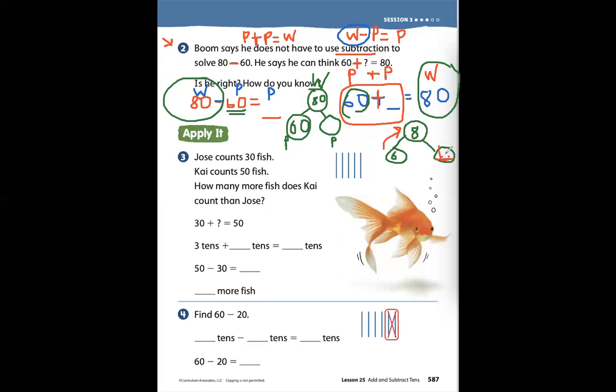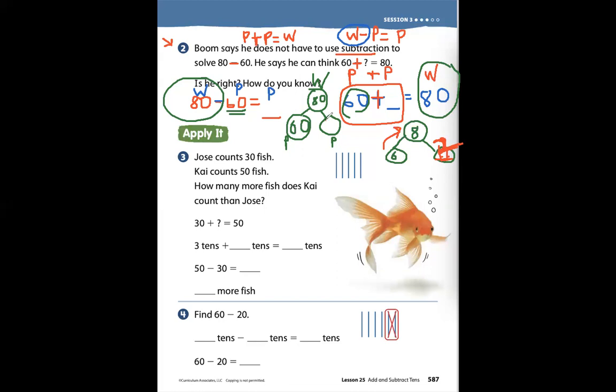So 2 tens would be the difference. If I wanted to count by tens, I could do that.